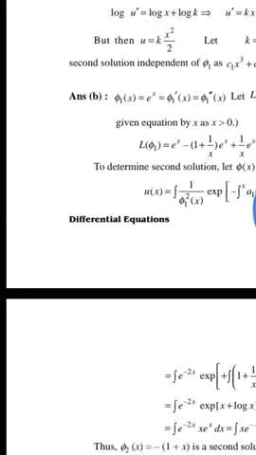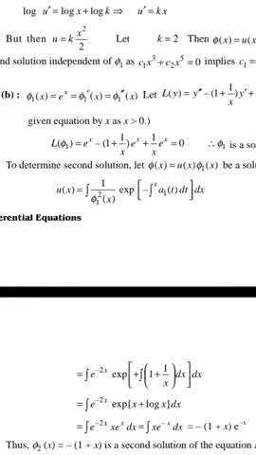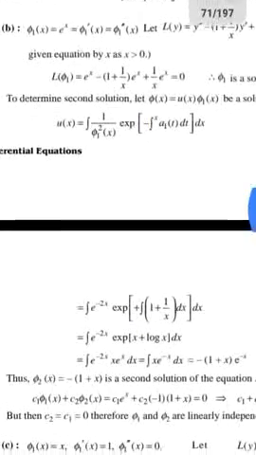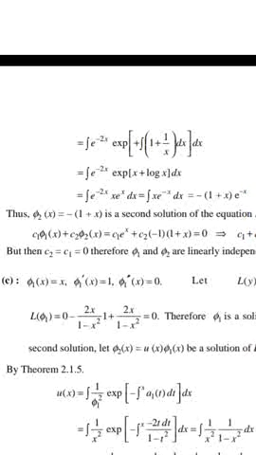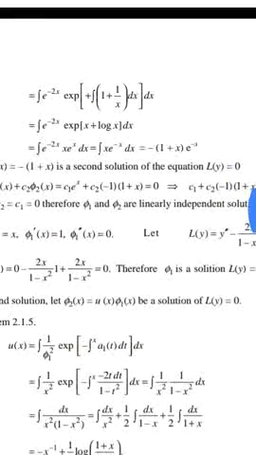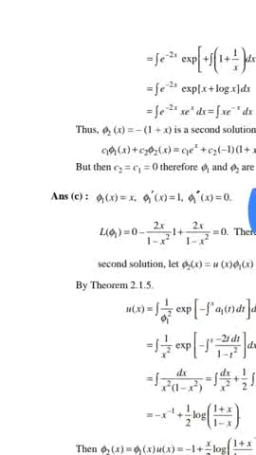Then by theorem, u of x is equal to integral of 1 by phi 1 square of x exponential of integral minus a1 of t dt dx, which is equal to integral of e raised to minus 2x exponential of integral of 1 plus 1 by x dx, equal to integral of e raised to minus 2x exponential of x plus log x dx, equal to integral of e raised to minus 2x x e raised to x dx, equal to integral of x e raised to minus x dx, which is equal to minus (1 plus x) e raised to minus x.